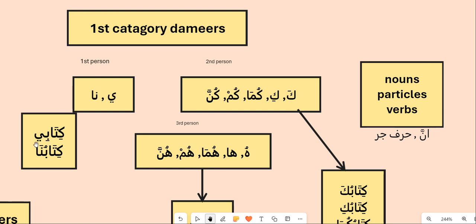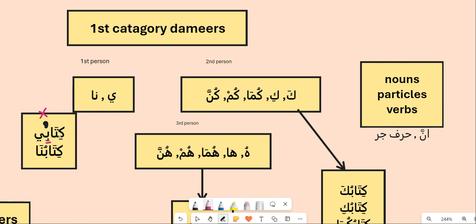Because ya mutakallim goes hand in hand with kasra. You cannot put a dhamma over the ba, because in that case you would say kitabui. It's totally wrong to say kitabui. You have to place a kasra below the ba in order to say kitabi.